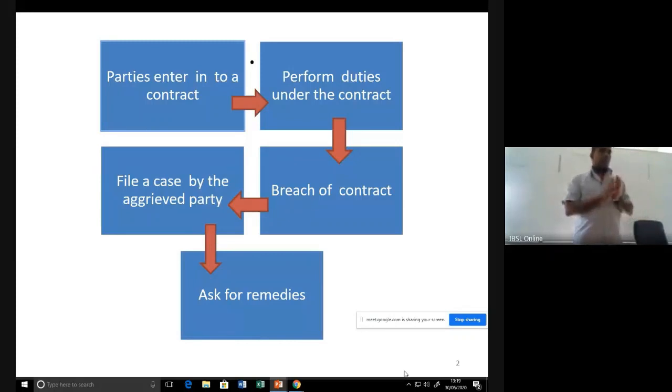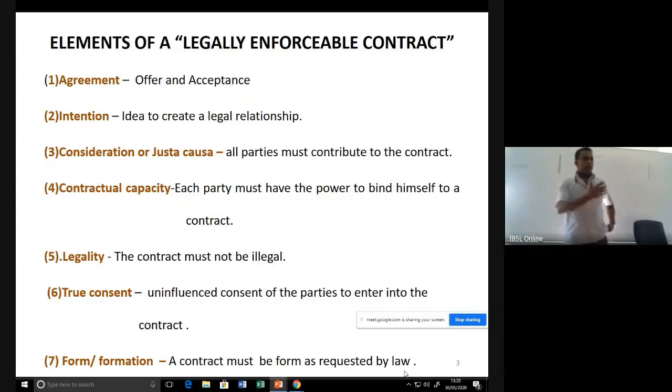Now we'll take them one by one and discuss the legal principles related to contract law. First, we have to see what a contract is. The next item I have given here is the elements of a legally enforceable contract.